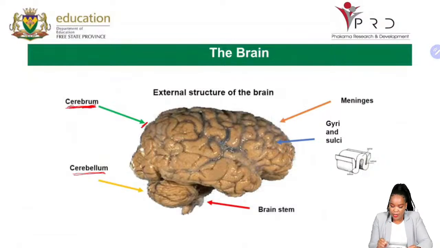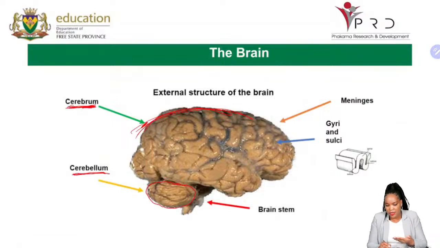So let us take a look at it. You have the cerebrum, which is the largest part of the brain. And then here at the bottom, just a little bit when you go down, you have the cerebellum. Cerebellum, you can hear the name is a bit longer, but the part is a bit smaller.